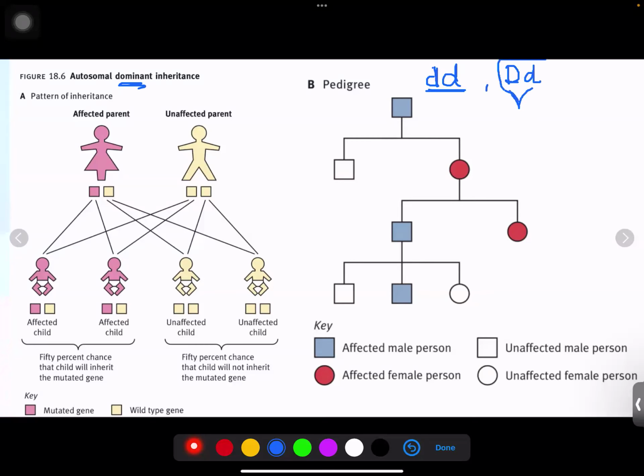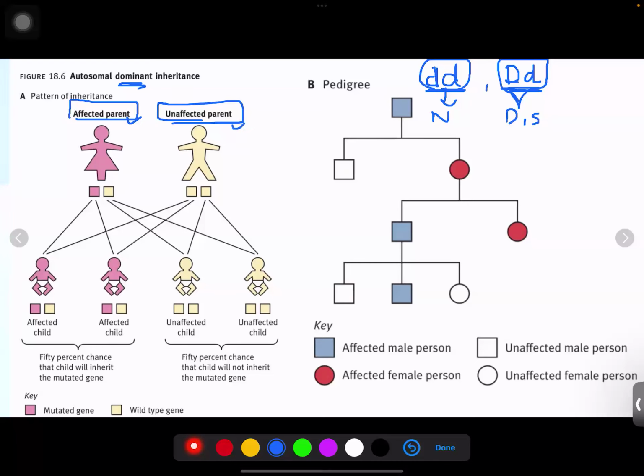This gene pattern will be diseased or affected, and this is normal. So these two patterns are in the autosomal dominant. See what they have discussed here: an affected parent and an unaffected parent.